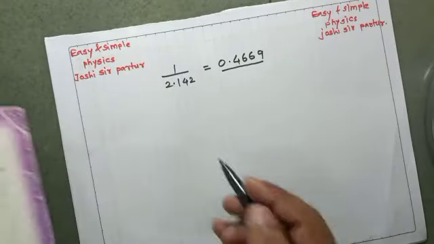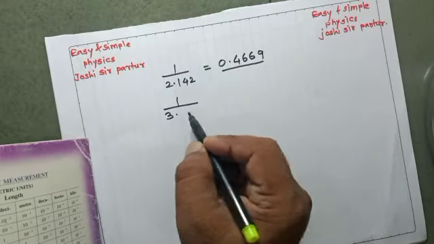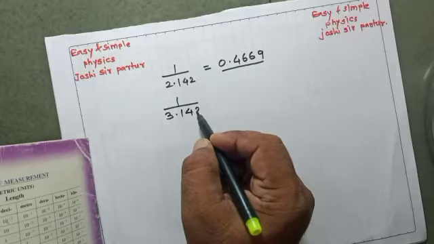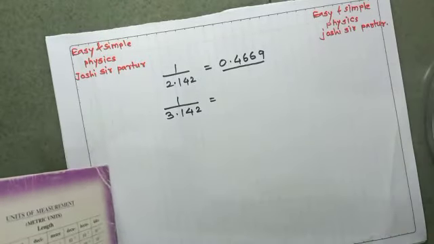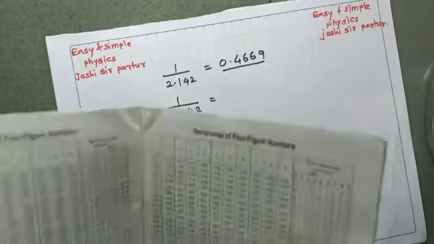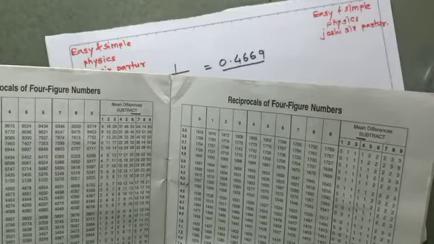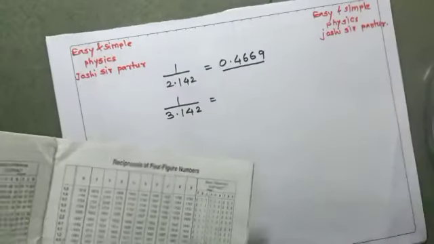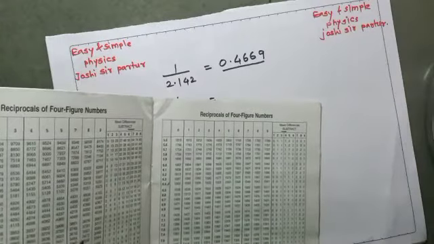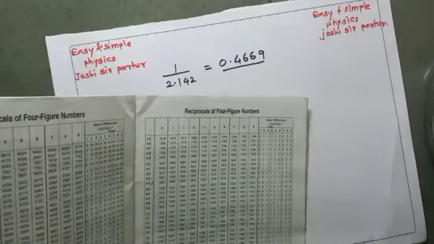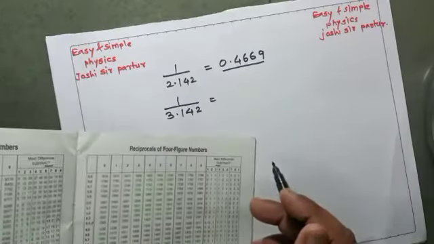Another thing, again we want to see the reciprocal of 3.142. How can this be seen? 3.1 shows 0.3226, but the third digit is 4. So here we can see for 4, that is 0.3185. Here the mean difference will be 2.